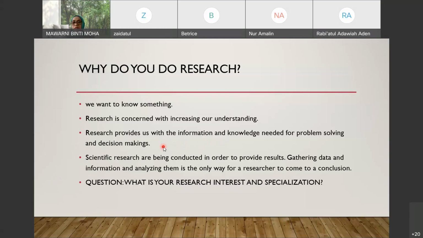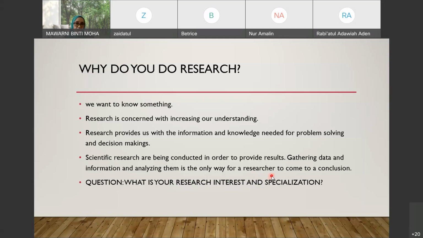You are future teachers, and in order to have a better understanding of something, you need to do a bit of research. An academic exercise is one way you actually apply the skills and do it in a systematic, scientific way. Scientific research is conducted in order to provide results.